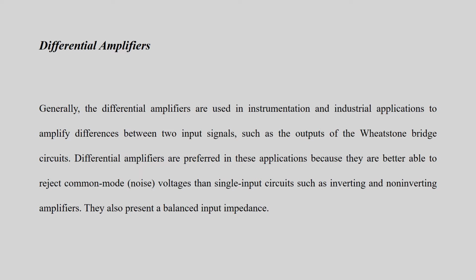Differential amplifiers are preferred in these applications because they are better able to reject common mode voltages, or you can say noise voltages, than single input circuits such as inverting and non-inverting amplifiers. They also present a balanced input impedance. These are the advantages of differential amplifiers over inverting and non-inverting amplifiers.